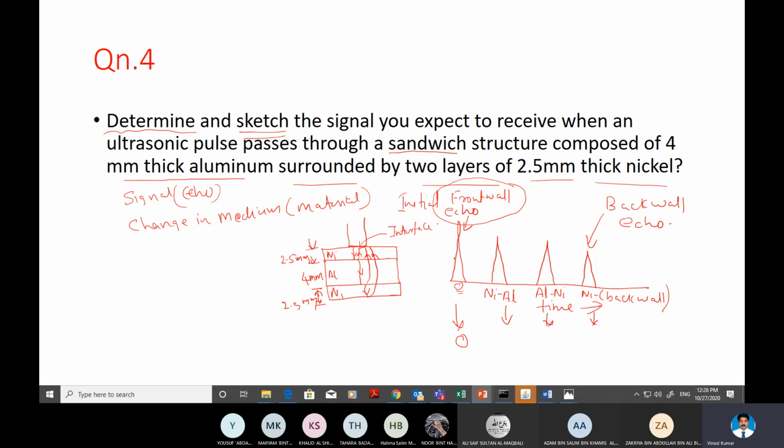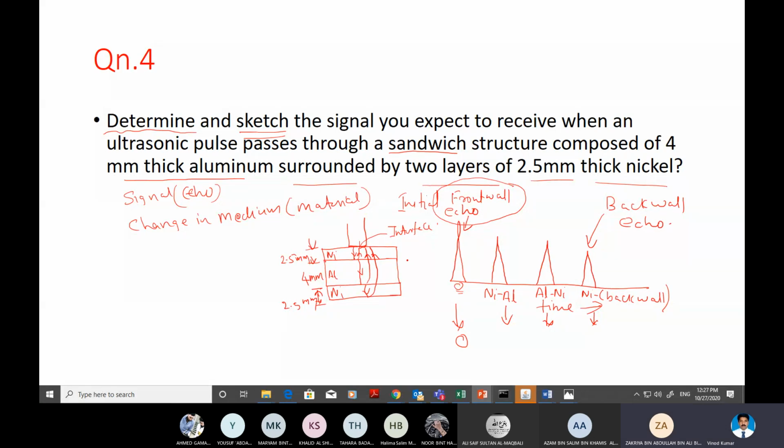That's why we get the front wall echo. Then the second one will be from the nickel aluminum interface. That means from the back wall of the nickel, we can say. Then the back wall of aluminum, we call it the aluminum nickel interface. Then the back wall of the complete structure. Is that clear?